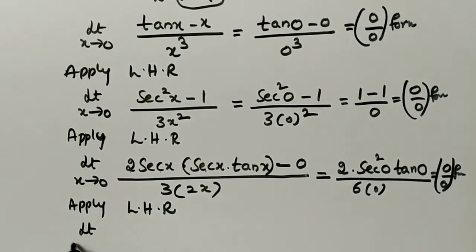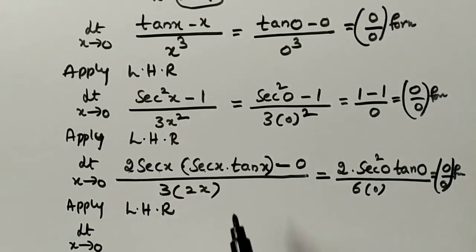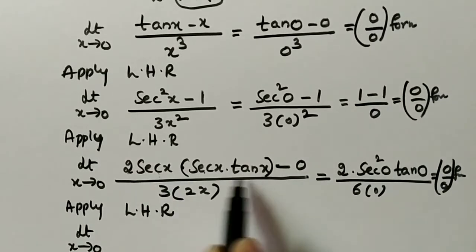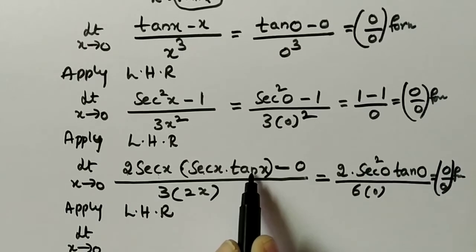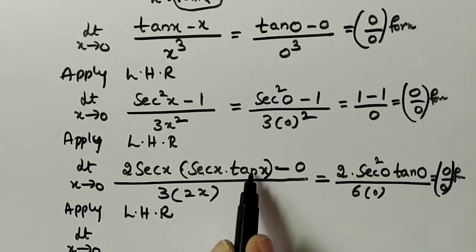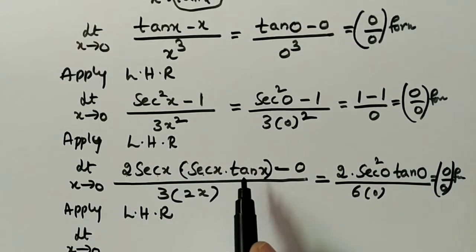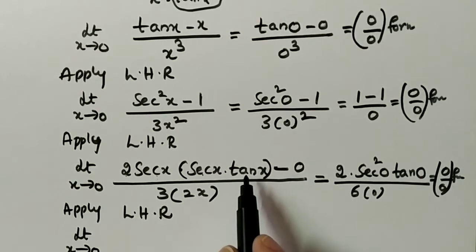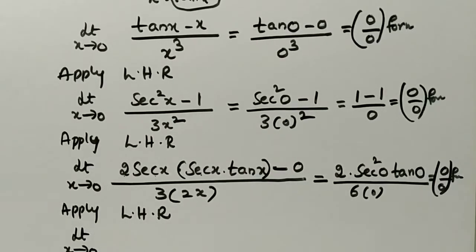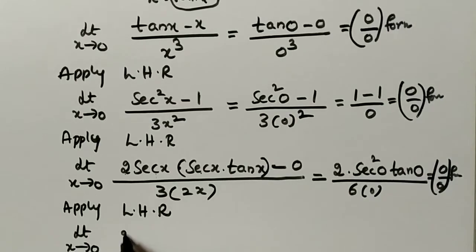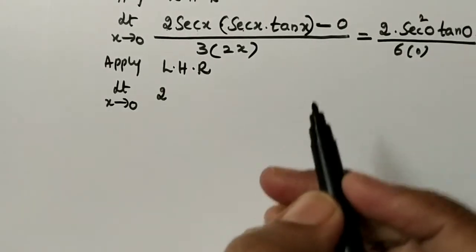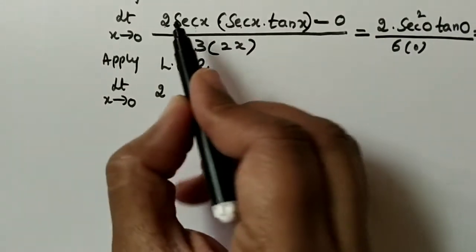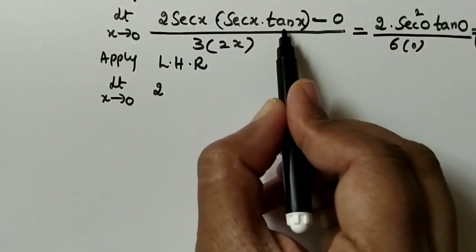So limit x tends to 0. Differentiate means you have here 2 secant square x into tan x. So u into v formula apply. Again 2 into secant square x into tan x will be there.